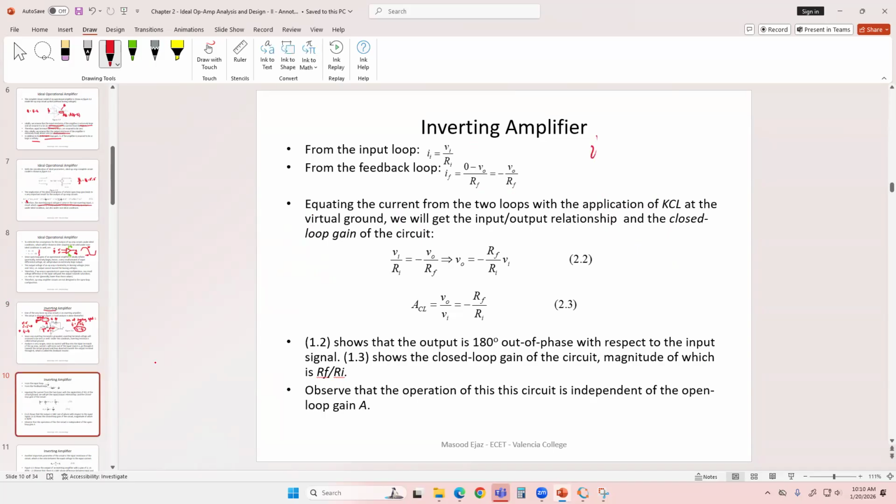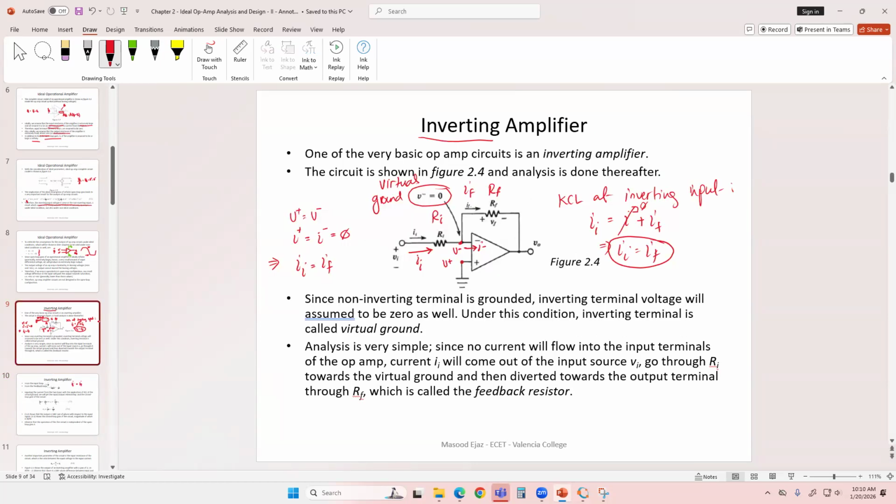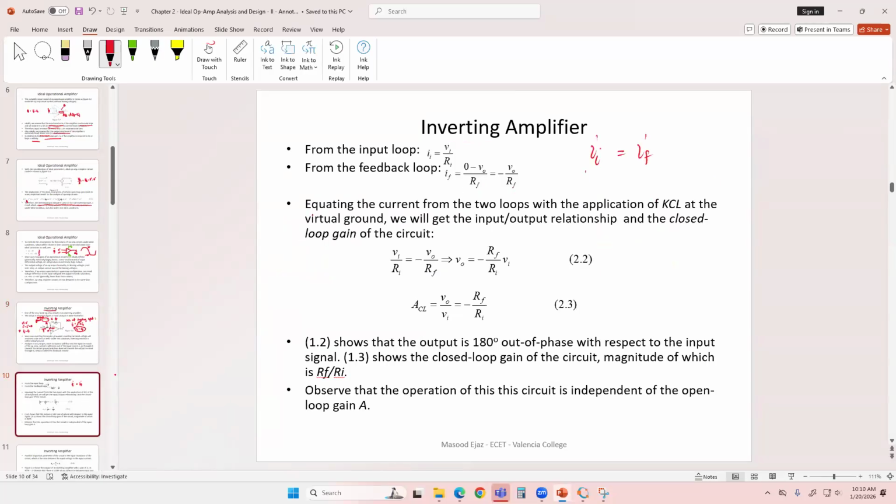So I input is equal to IF. I input is going to be V input minus V negative, which is 0, divided by R input, by Ohm's law: V input minus 0 over Ri.